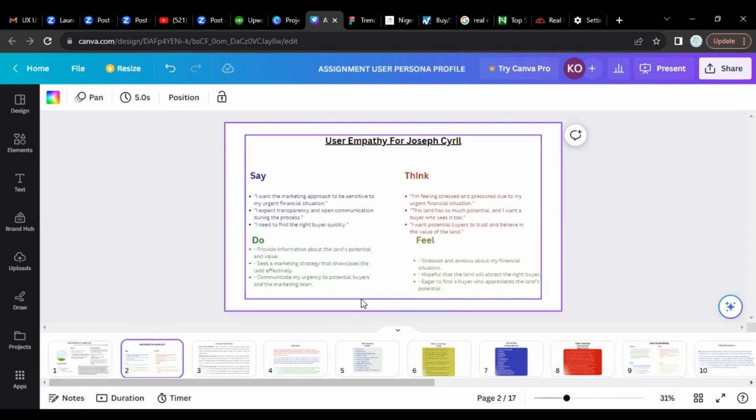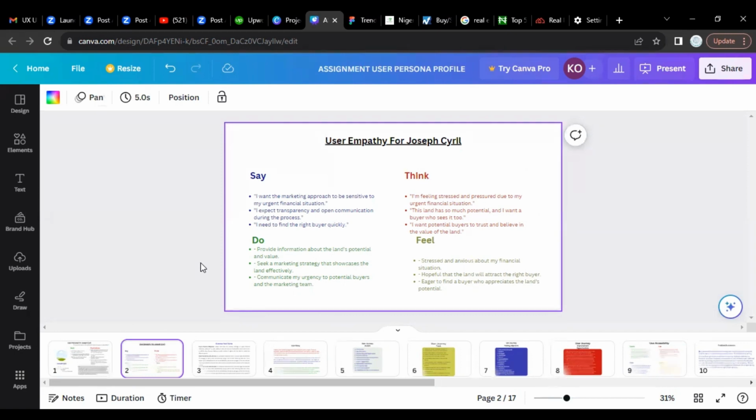So here, generally, the user empathy map will come after having an interview session with some of the users. What says, does, thinks, and feels is actually a person's perception regarding the situation and what they are looking for. It's just a kind of idea.